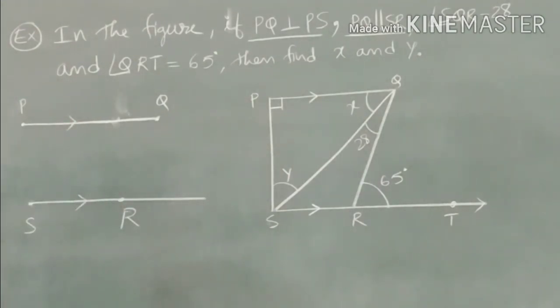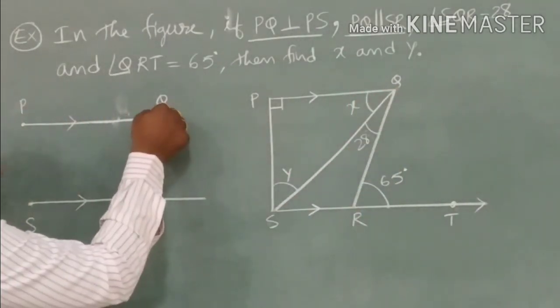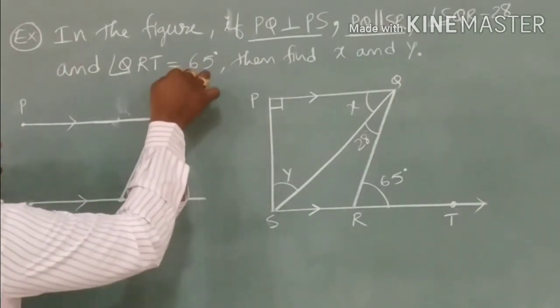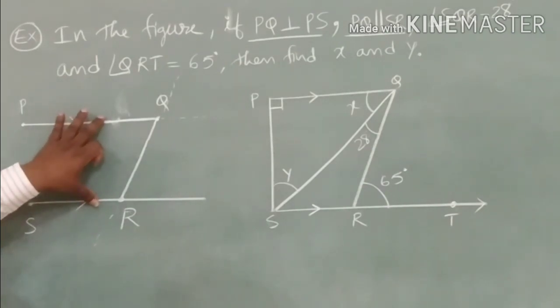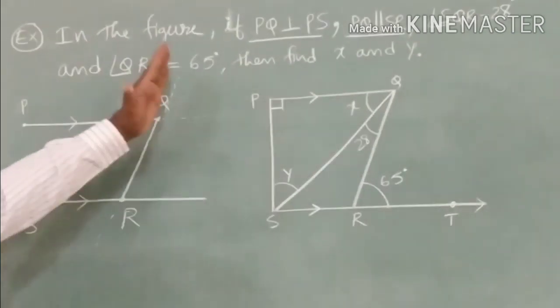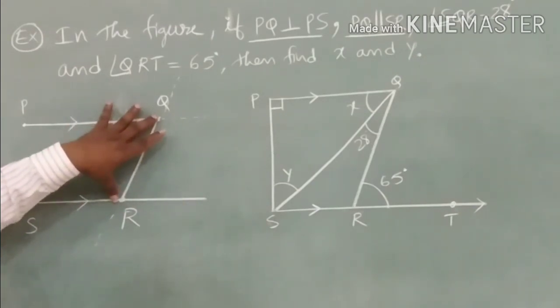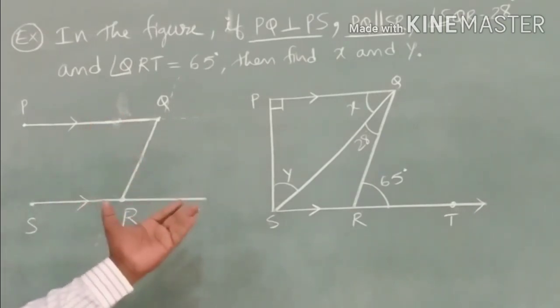If I join Q and R, with a little extension in your mind, then this is a line intersecting two parallel lines at two distinct points, that is Q and R. Therefore, this is a transversal.